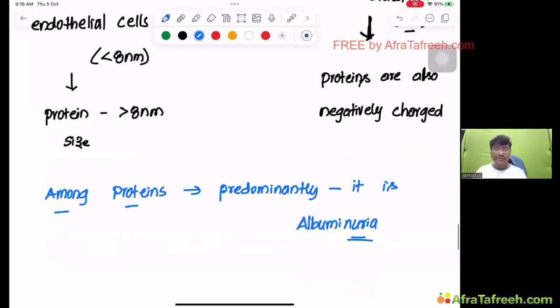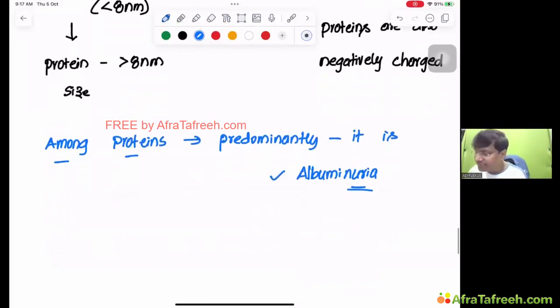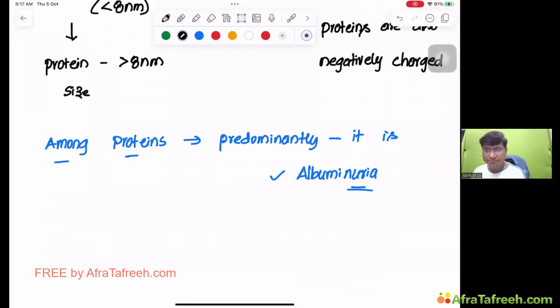Right, predominantly the proteinuria that occurs, even in a normal individual, is albuminuria. Now the question comes, why? You have albumin, globulin, fibrinogen, and many other proteins, but why is it predominantly albuminuria? Can anyone tell me? Anyone? Yes, Jacob. Why is it predominantly albuminuria? Why not the other proteins?